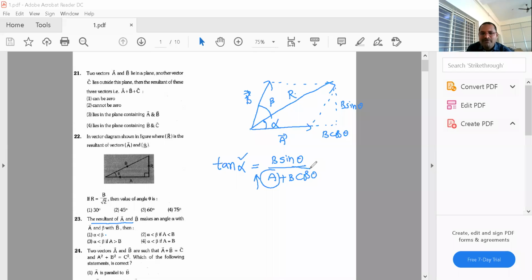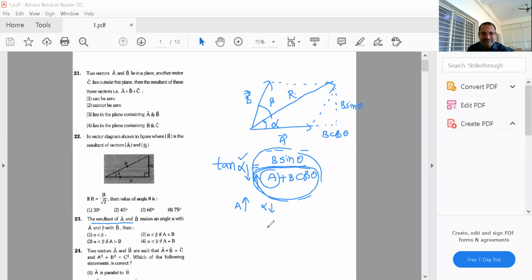In the denominator, the total value will increase. When the denominator total value increases, this total value decreases. Yes or no? Yes, this total value decreases. Correct? Yes. When this total value decreases, alpha also decreases. Correct? Yeah. So that means when A is more, alpha is less.